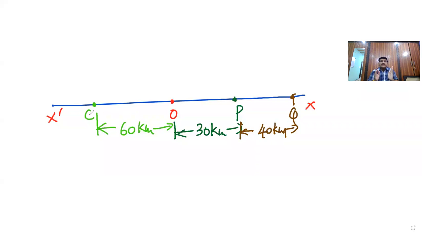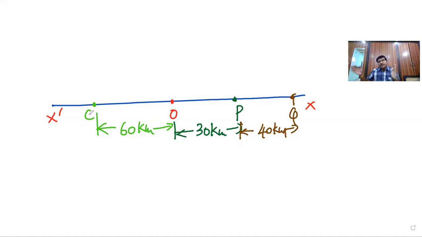Now, what is the total distance traveled by the object? That is our question. Observe carefully. The object first traveled from O. O is the reference point. O to P, first 30. Again in the same direction, P to Q, 40.